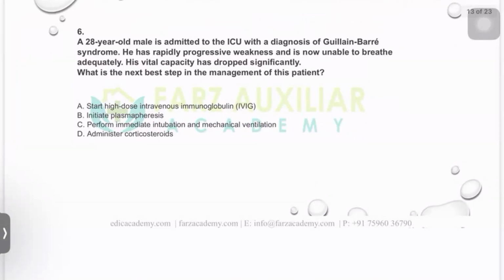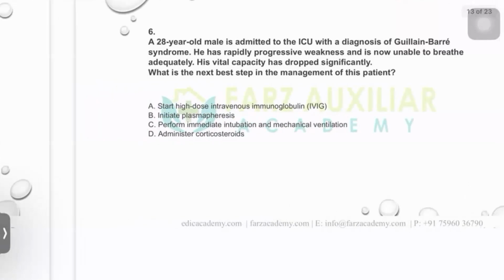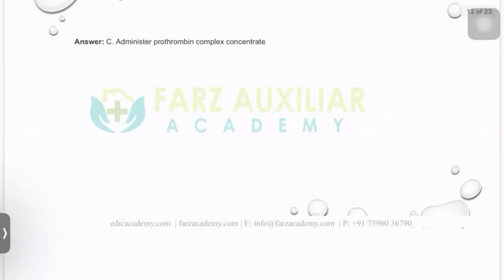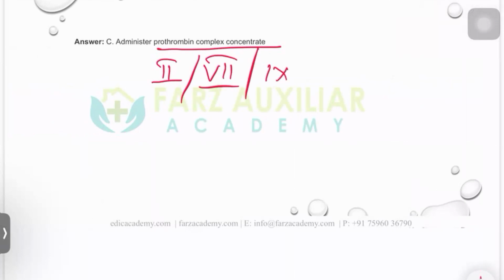Which factors are there in PCC? Tell me while I drink some water. Factor 8, factor 13, fibrinogen. So what? That is cryo, I think. Factor 2, 7, 9, 10. Same as warfarin. Okay.